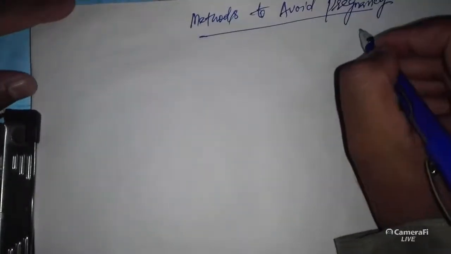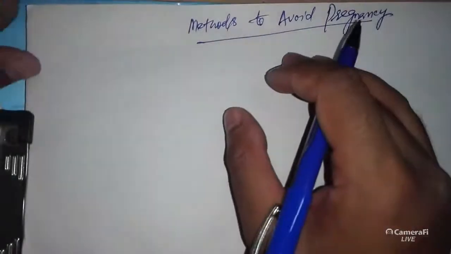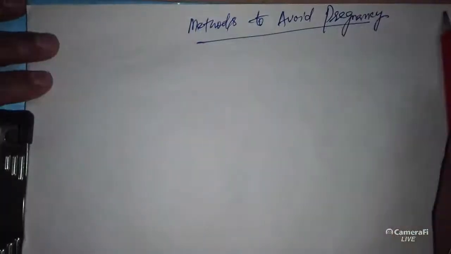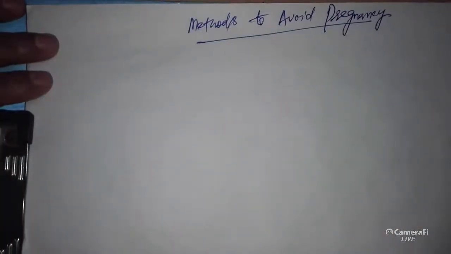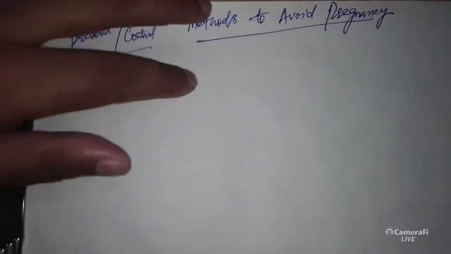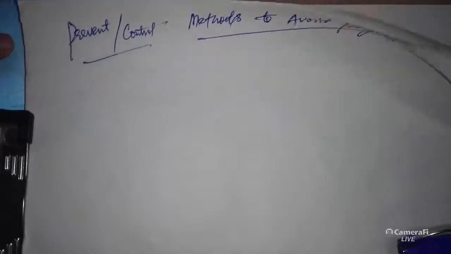What are the different methods to avoid unwanted pregnancy in the case of a woman? A number of techniques have been developed to prevent and control pregnancy. A number of methods have been used so far.